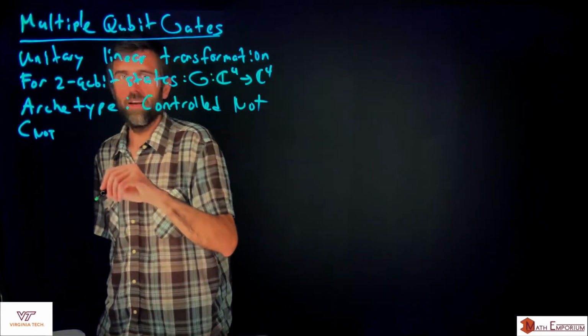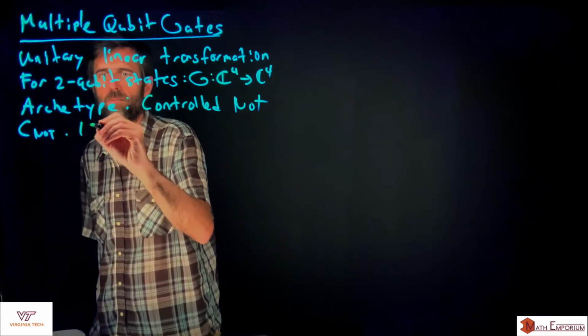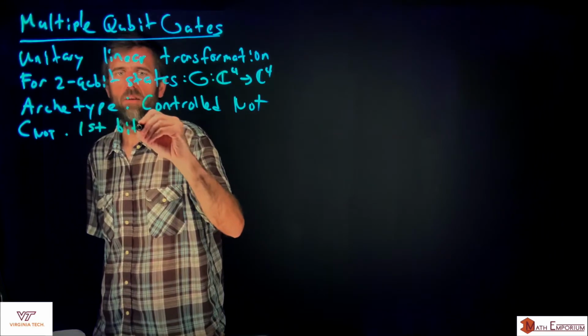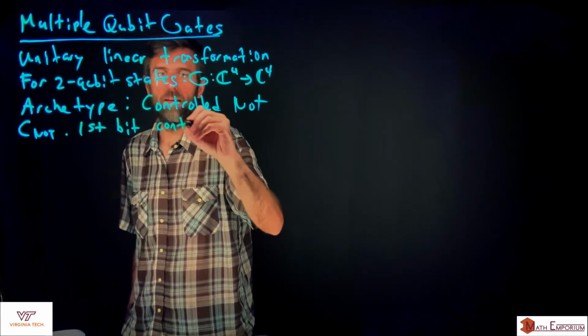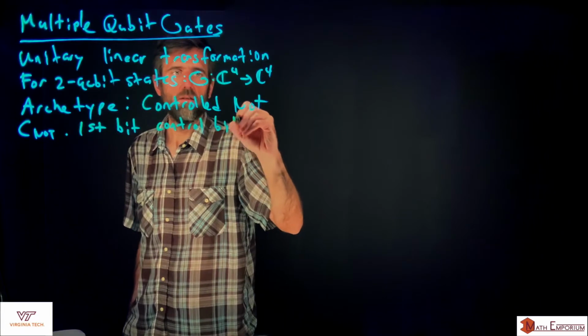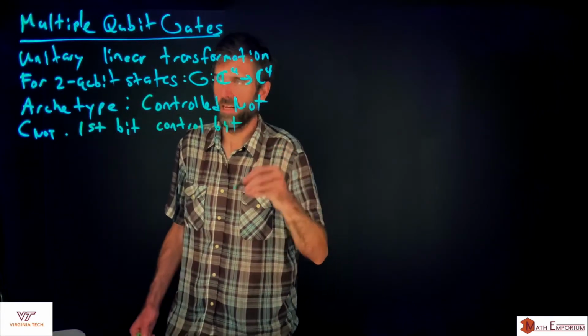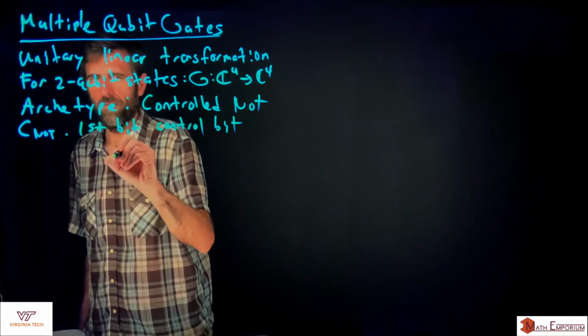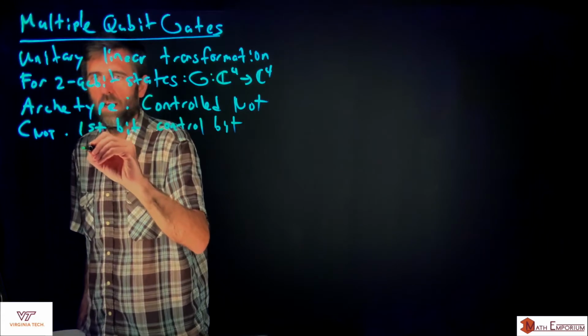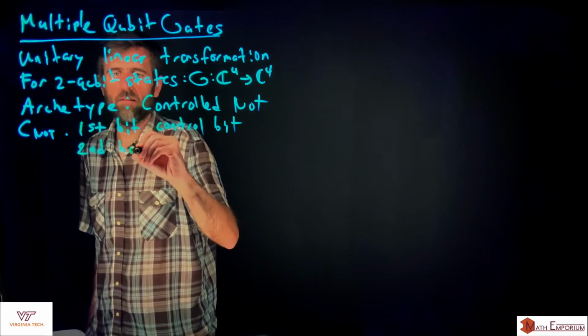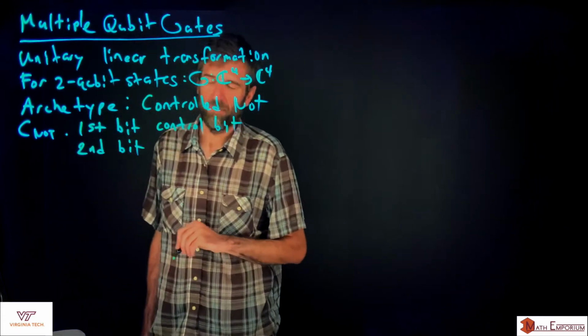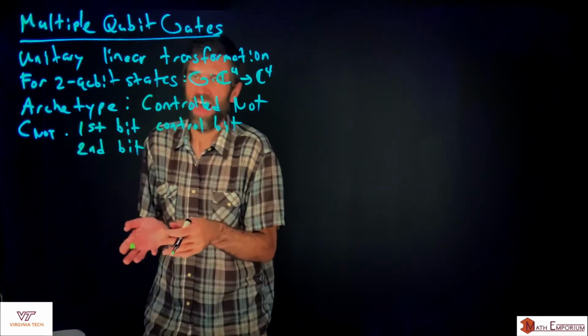And so the idea is that the first bit will be a control bit, and that's going to be unchanged. So this will be unaffected by the transformation. And then the second bit will be flipped depending on whether or not the control bit is activated.